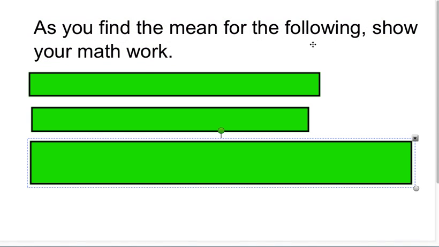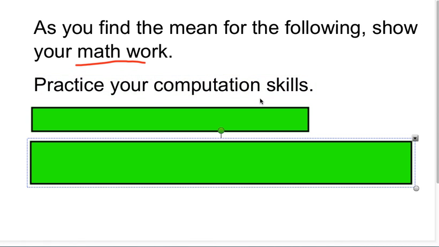Now, as you find the mean for the following, show your math work. In other words, I'm going to do something that most of you aren't going to like right now. I'm going to ask you to show your math work. Practice your computation skills. This is something really important in mathematics, and we need to have those down.